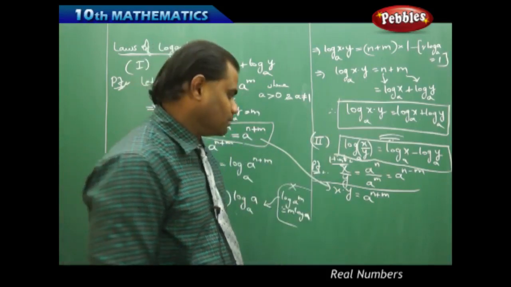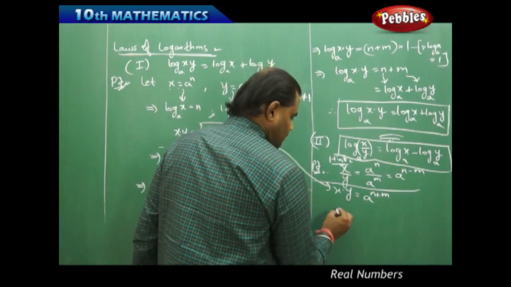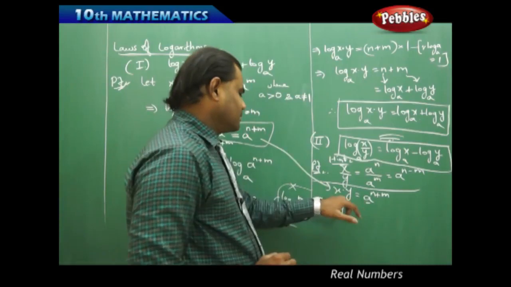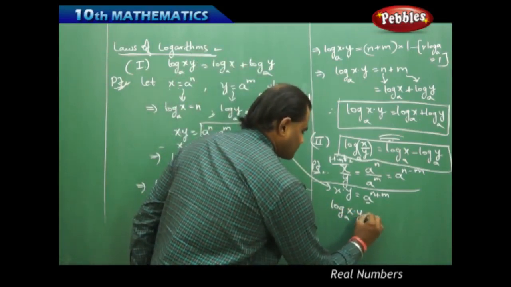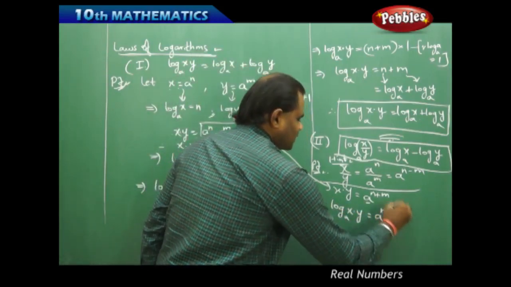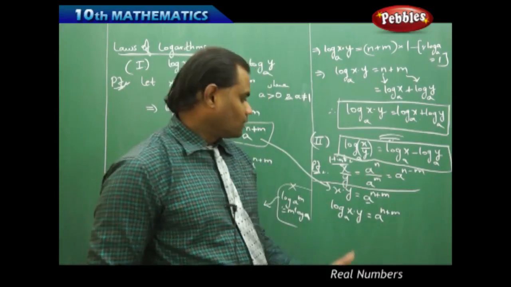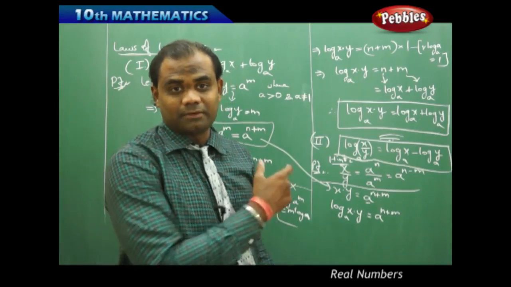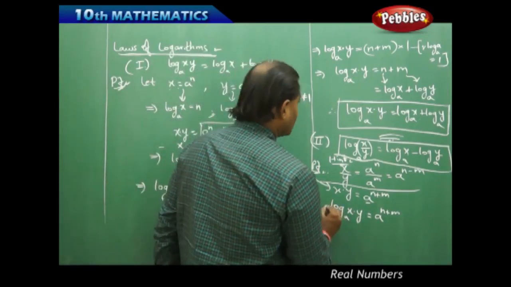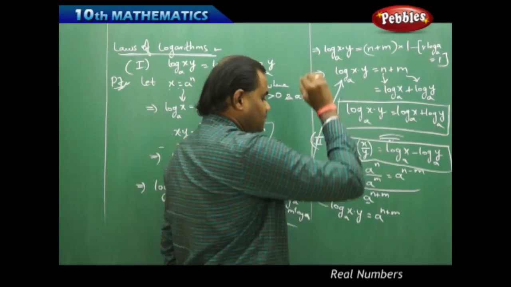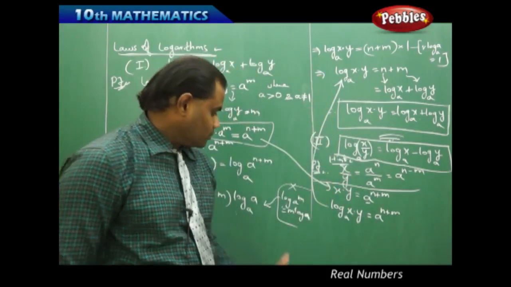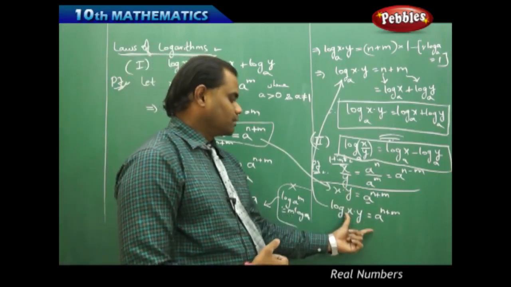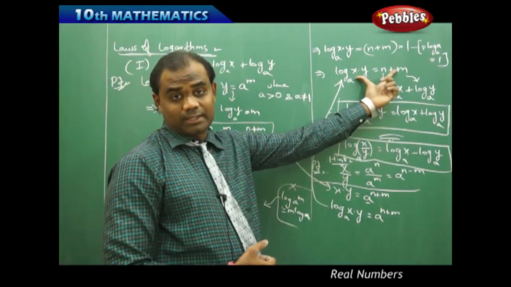Coming to the initial property, when x is a power n, this base will form the base for the log, and then xy comes here, and then n plus m. This is connecting the logarithms with the exponentials, the formula which we already took in the previous case. So this is how I get the property here without using the formula. Connecting exponents directly with logarithms, I get this. This is how I understand the proof.